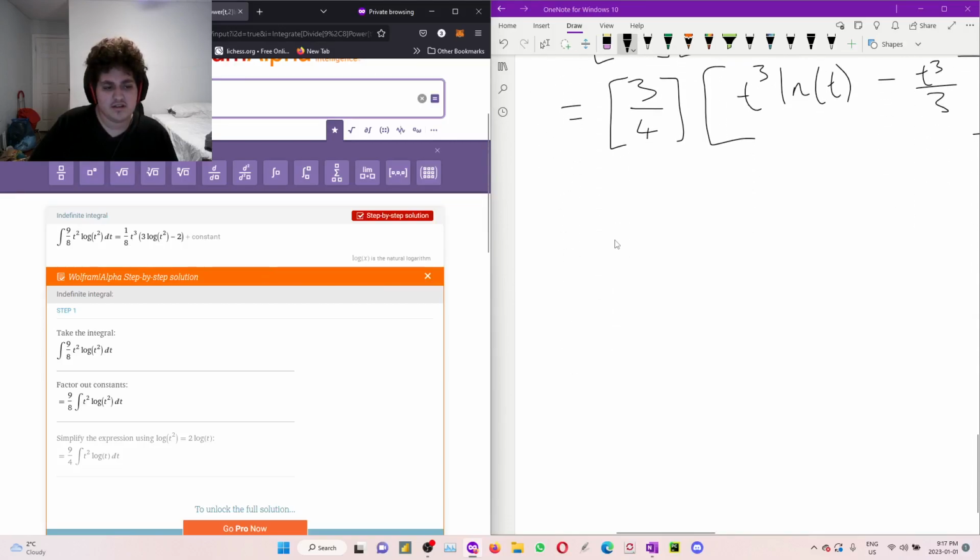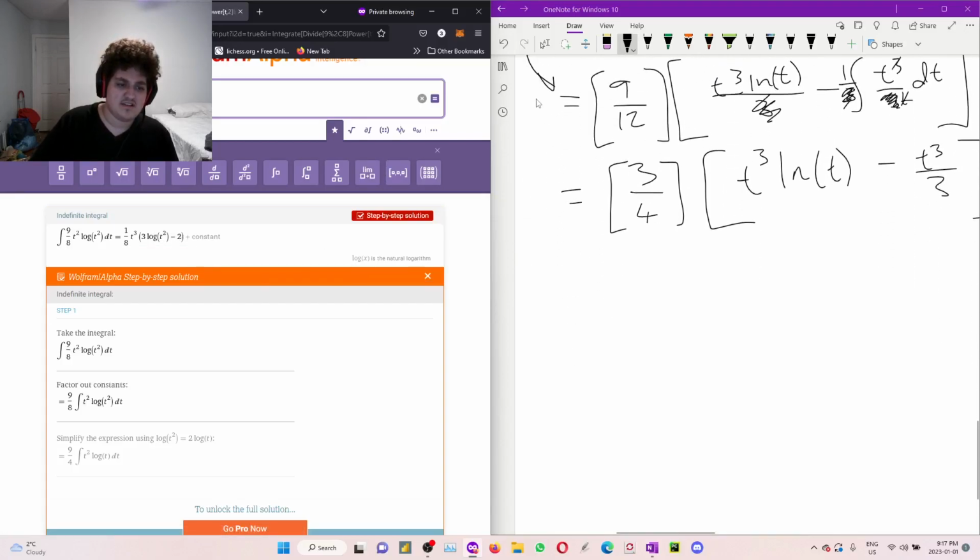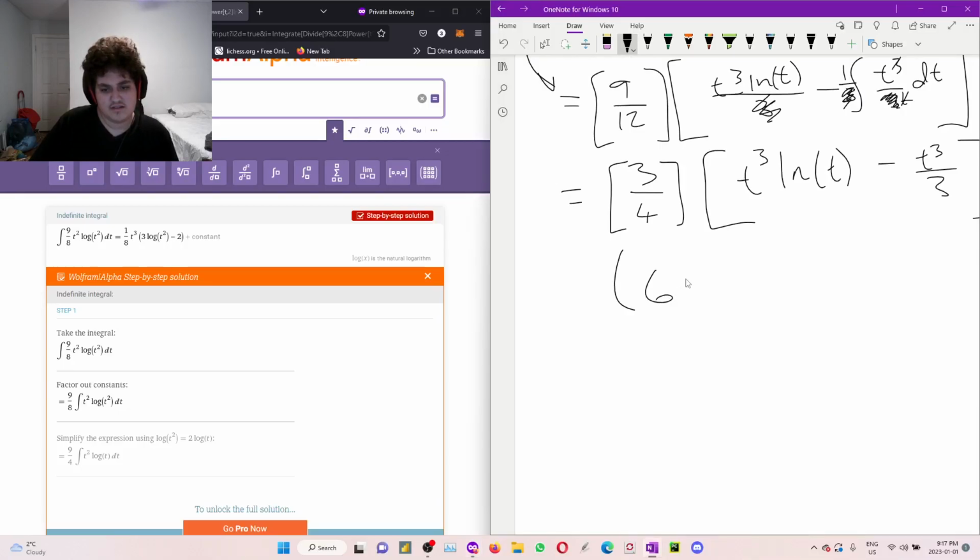Oh, you know what? They never took the squared out. I think if we do it for them, then it should be 6 log t minus 2, because that's just a rule of logarithms.